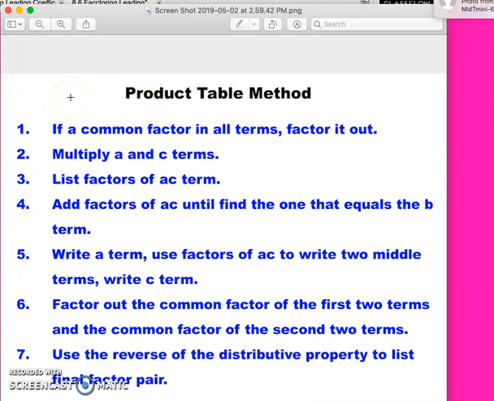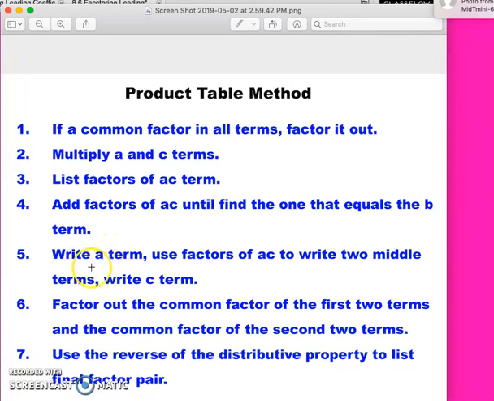So the product table: if there's a common factor in all the terms, you want to factor it out first. Then you're going to want to multiply your A and your C terms. You want to list all the factors of the AC term. You want to add the factors of AC until you find one that equals the B term. Okay, so it's pretty self-explanatory.